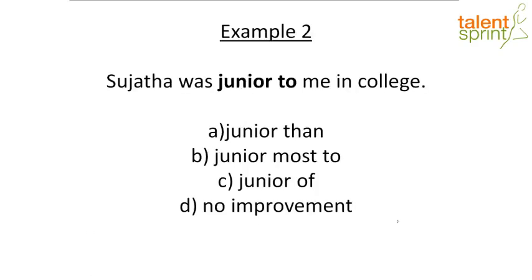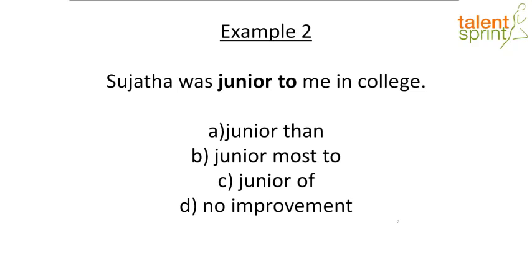Let's move on to our next example. Sujata was junior to me in college, and the options are junior then, junior most to, junior off, and of course no improvement. So let's understand this. Sujata was junior of me in college? No. Sujata was junior most to me in college? Incorrect. Sujata was junior than me in college? We just saw the difference between "to" and "then".